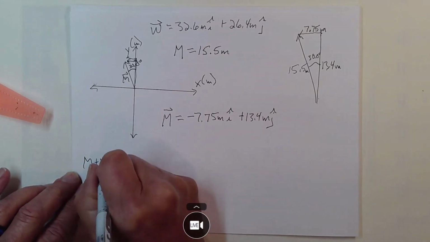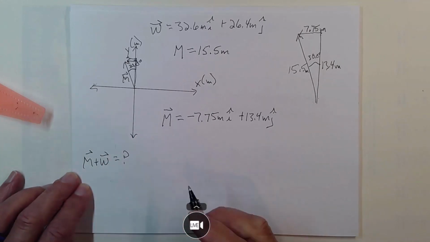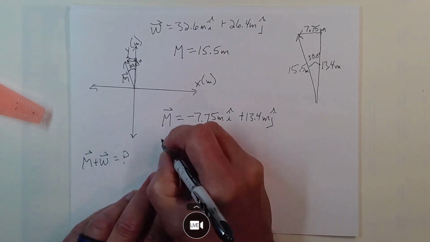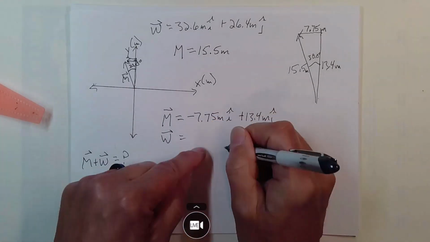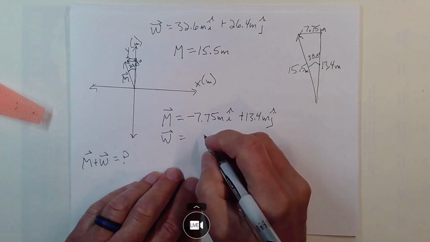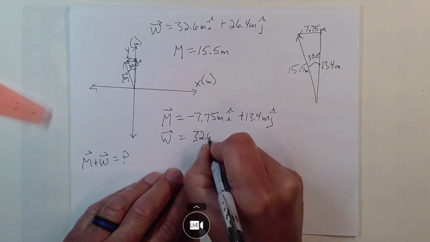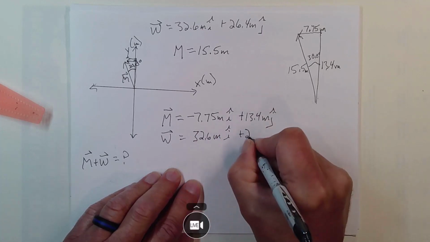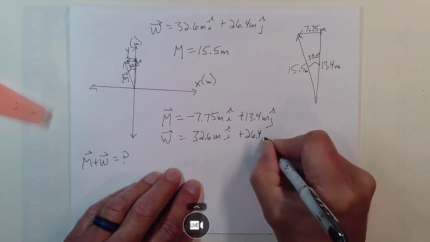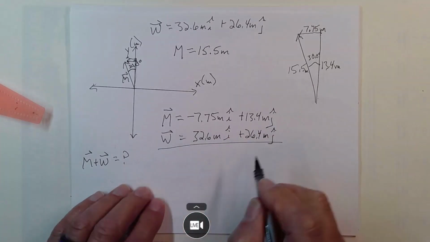M plus W equals what? Well, here's an easy way to do that. You just take the W vector, write it right underneath this thing, 32.6 meters i-hat plus 26.4 meters in the j-hat direction.